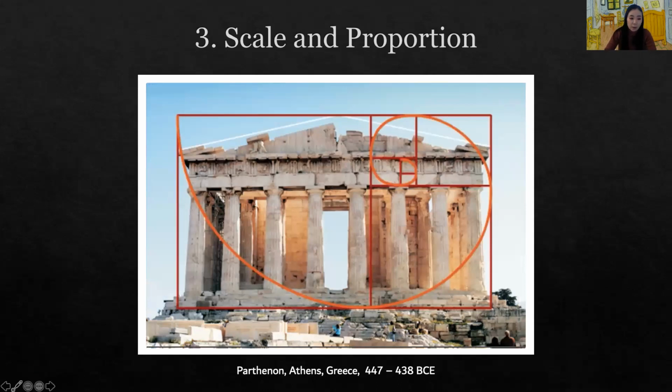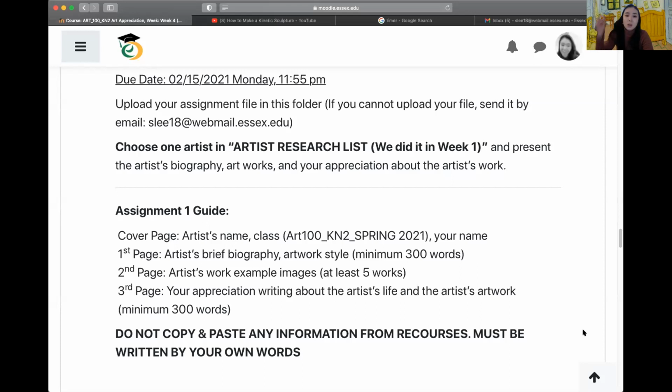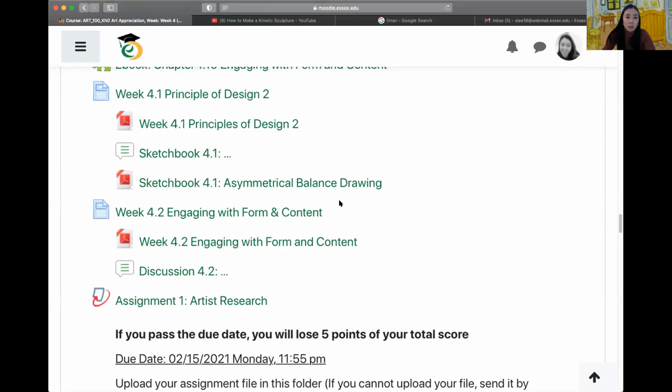All right, we're going to stop right here, and then we're going to continue to see the rest of the principles of design next week. We have a discussion related to this chapter.